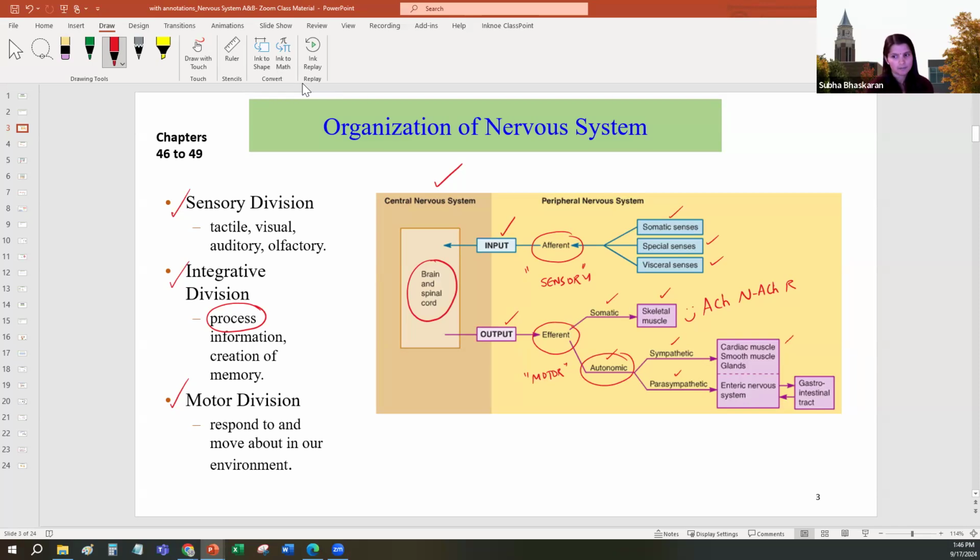Right? So cardiac muscle, smooth muscle, glands. And there's also a dedicated nervous system called the enteric nervous system that is for the GI, gastrointestinal tract. Okay, so these are all the major organization of the nervous system. Any questions for me on the major divisions? You good?